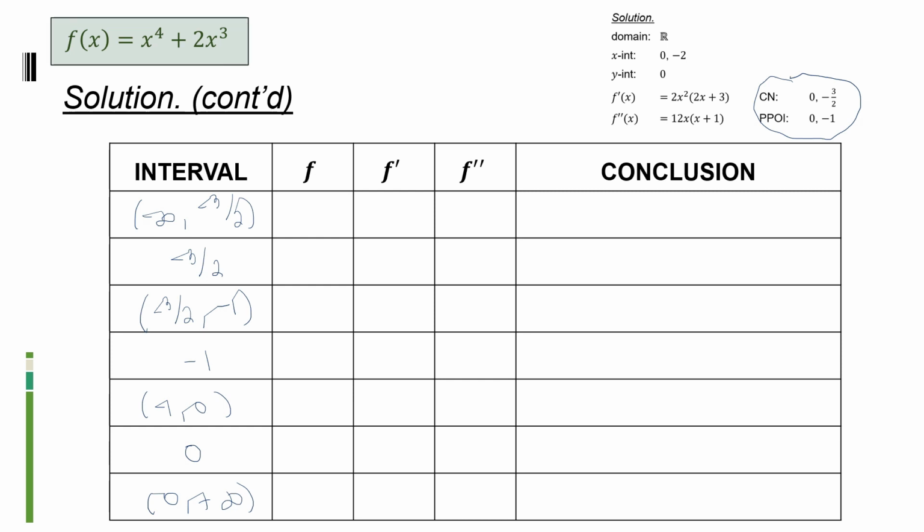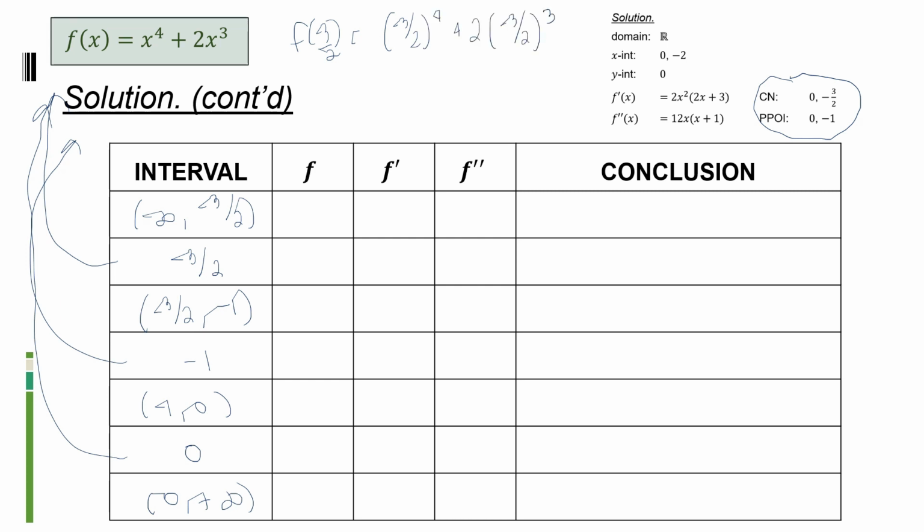Now, kunin natin yung values ng ating f by substituting yung mga critical numbers natin dun sa f. For negative 3 over 2, f of negative 3 over 2 is equal to negative 3 over 2 raised to 4 plus 2 times negative 3 over 2 cube, or that is equal to negative 27 over 16.